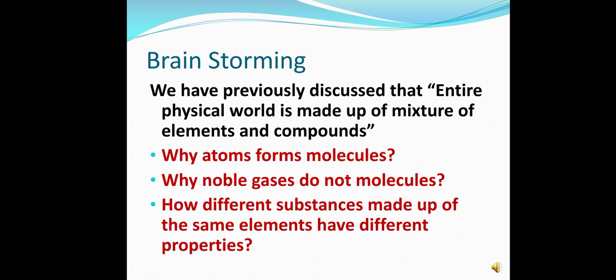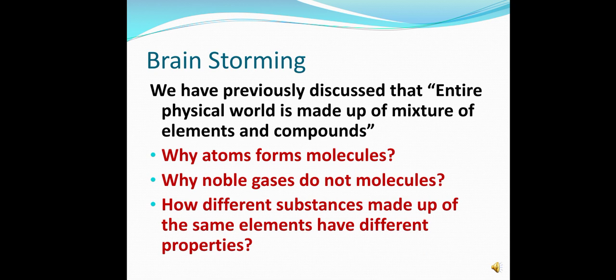I think we have discussed this many times during the class, that the same atom can be there. For example, we have discussed the example of iron, Fe, that the same iron is making the building material, and the same iron is present in your body as a very important constituent of hemoglobin, without which you would have anemia.